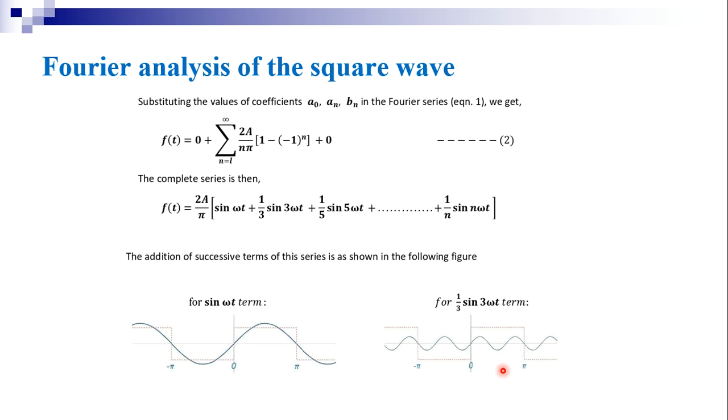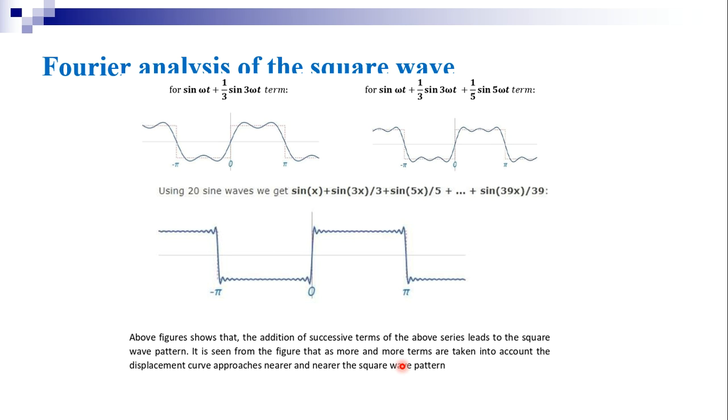In the next figure, the series will be seen like this. It is for the 1 by 3 sin 3 omega t term. For sin omega t plus 1 by 3 sin 3 omega t term, if you add these two functions, the resultant series will be like this. You can observe the resultant series, the variation of the amplitudes.